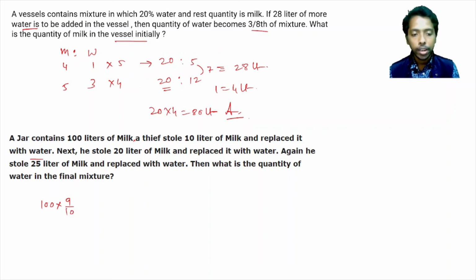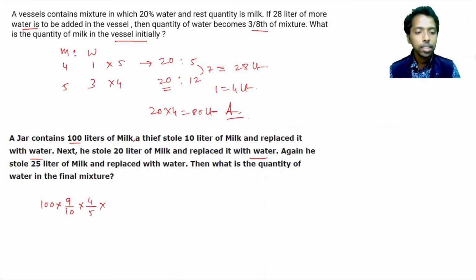Next, he stole 20% of the milk and replaced it with water. 20% or 20 liters of the milk, we can say either, because the base value here is 100. 20 liters or 20%, whatever we say, is absolutely the same. No difficulty at all, right? So 20% means this is 4 by 5.